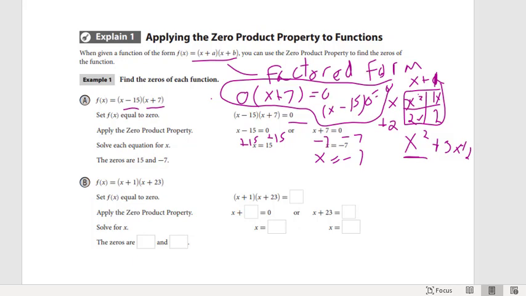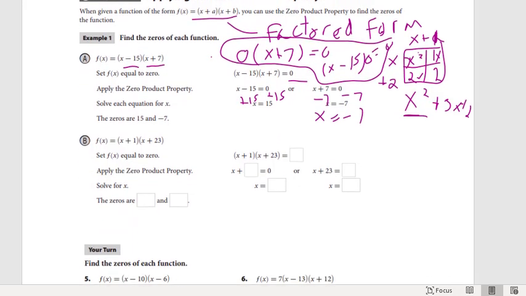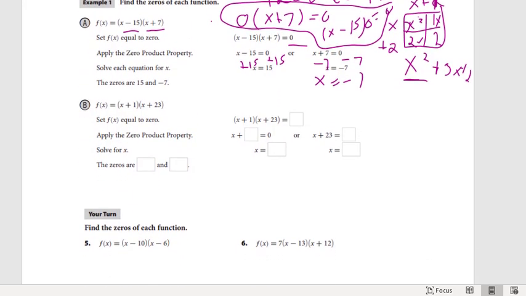Okay, so the solutions, or the zeros for this equation, are where x equals 15 or x equals negative 7. All right, because if you plugged one of those two things in, it would make the whole multiplication equal to 0.